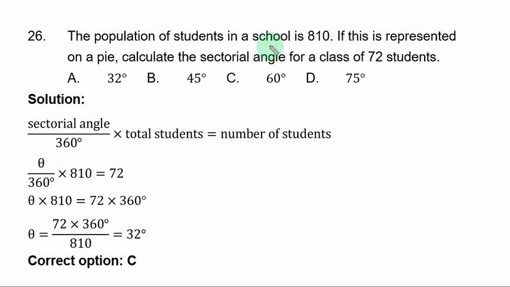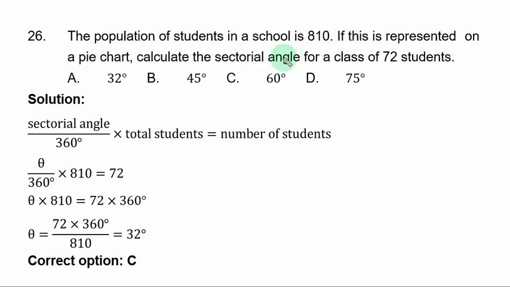Question 26. The population of students in a school is 810. If this is represented on a pie chart, calculate the sectorial angle for a class of 72 students. Solution. For this question, suppose we are given the sectorial angle and we are asked to find the number of students with that angle.